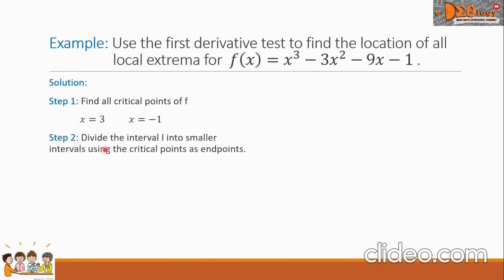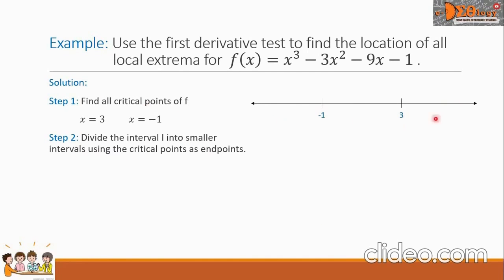Step 2 is to divide the interval I into smaller intervals, using the critical points as endpoints. We are able to find the critical points. Now, let us plot them on the number line. Here is our number line. We write here -1, and on the right is +3.